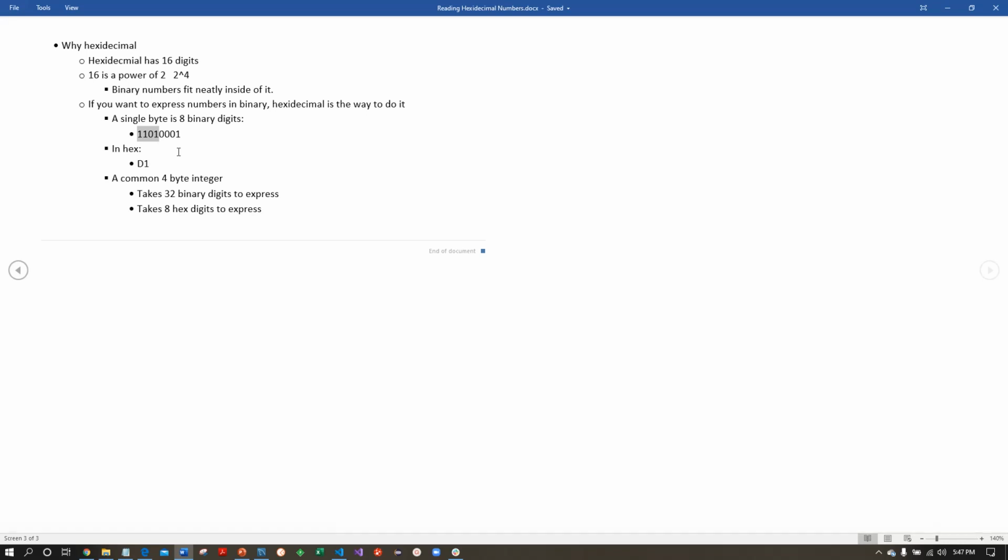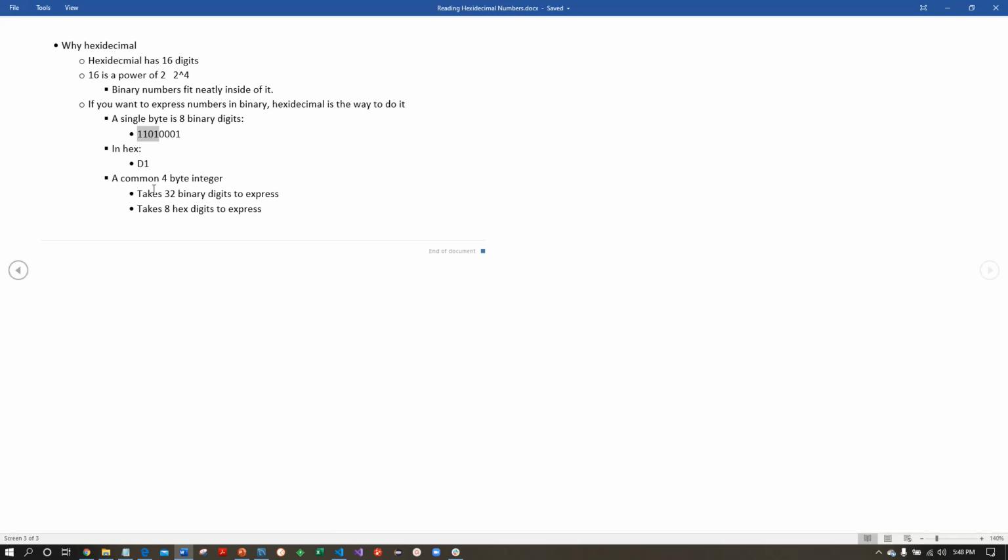Sometimes it's convenient not to translate it into binary, but to leave it as something that can be read conveniently as binary. With a little bit of practice, you can start to see the binary pattern that's underneath the hexadecimal digits because they map directly onto them. So they're convenient to write. Instead of writing all these 8 digits, you just write 2. Take a common 4-byte integer: that would take 32 binary digits to express.